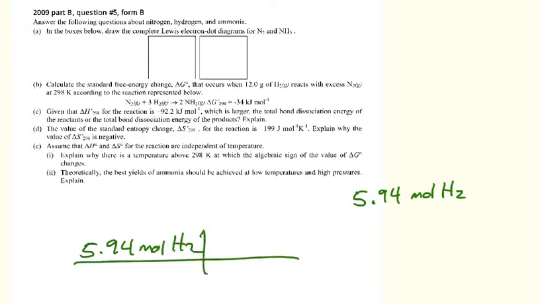We need an energy conversion factor, and we're going to have the moles of H2 going to negative 34 kilojoules, because that's what it said up here in the reaction. You'll notice that it's 34 kilojoules per 3 moles of hydrogen.